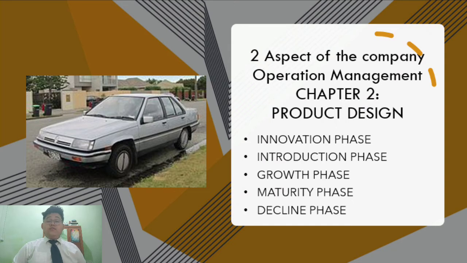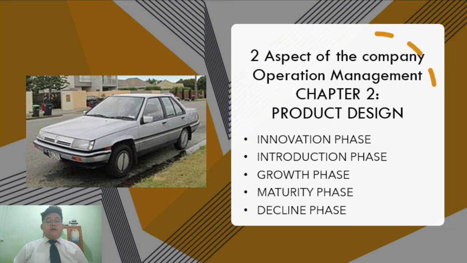Now, let's go to the two aspects of Proton's operations management. We are choosing product design and process strategy. Product design is a process of creating new products for customers. We can also define product design as the effective and efficient generation of ideas through a process that needs to be designed for low manufacturing costs.